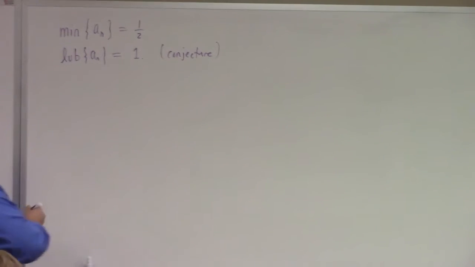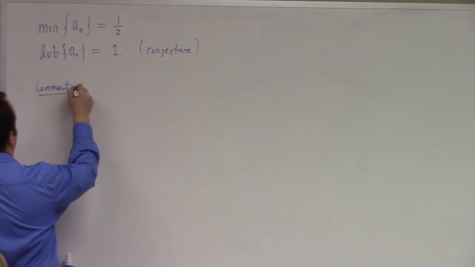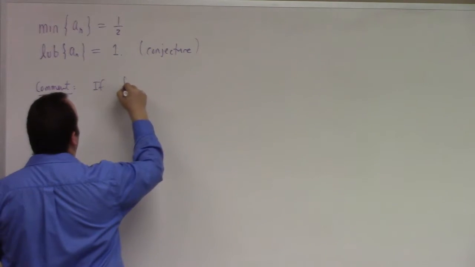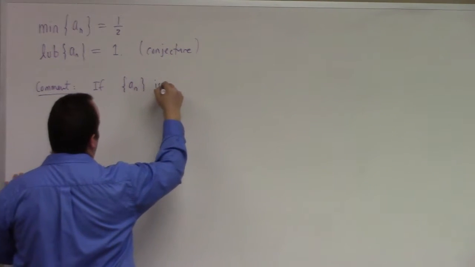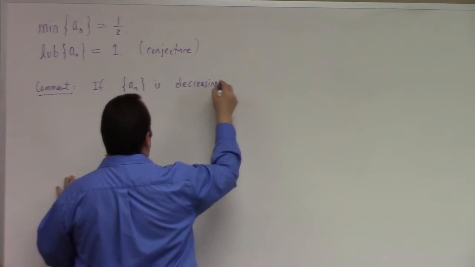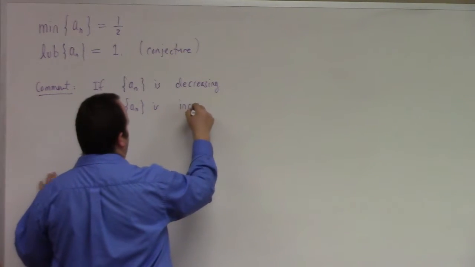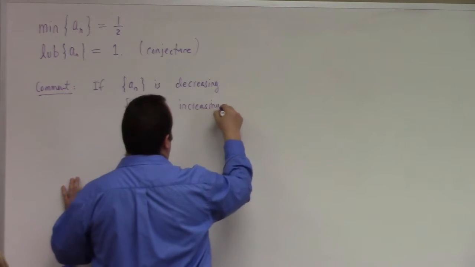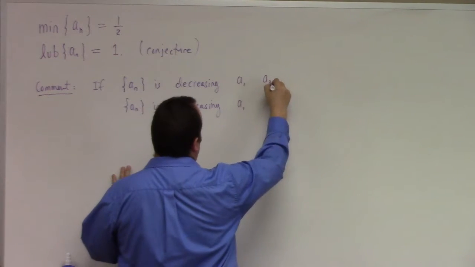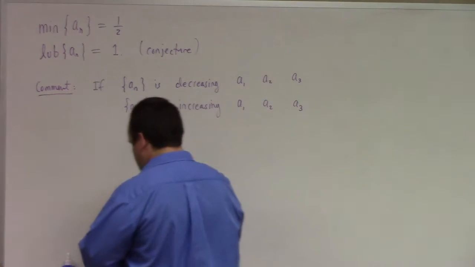So, a comment, I would point out something, right? If a sub n is decreasing, if a sub n is increasing, what does that tell us? Just think about it, right? A1, A2, A3. What's the story here?